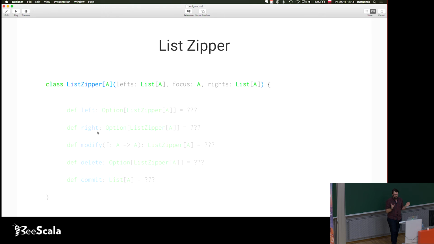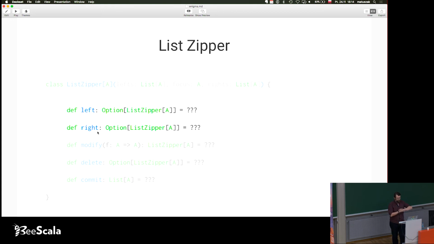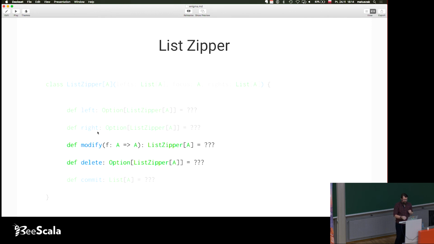You can implement this using two lists, but I think using the focus is easier to understand. And you can define operations which allow us to move left and right, to modify, delete, and the final method is commit. There are many more methods, but these are the most popular.